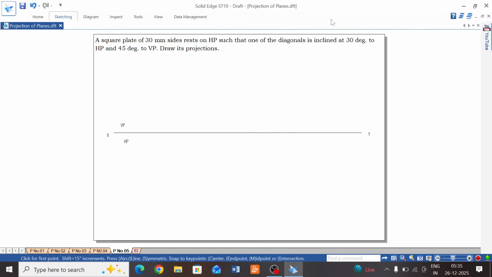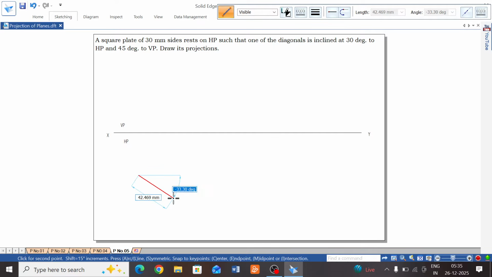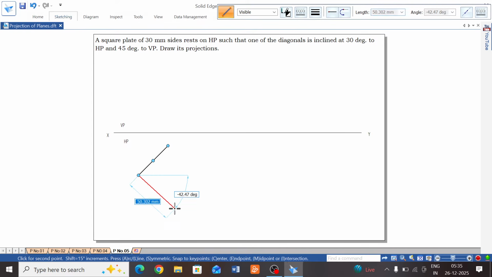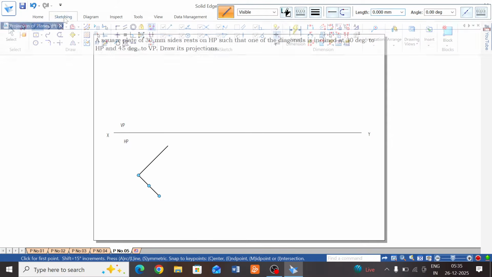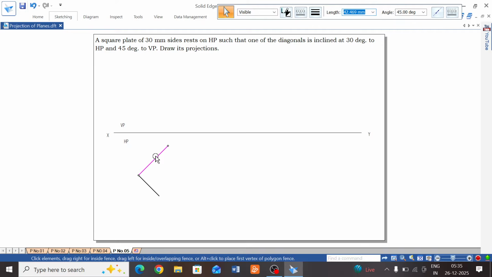To draw the rhombus, use the protractor, and from one corner take 30 mm at 45 degrees, and again from the same corner on the other side, 30 mm at 45 degrees. Both lengths are 30 mm at 45 degrees.